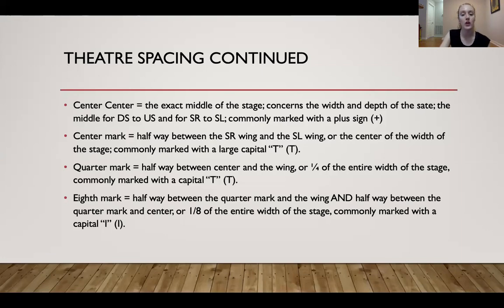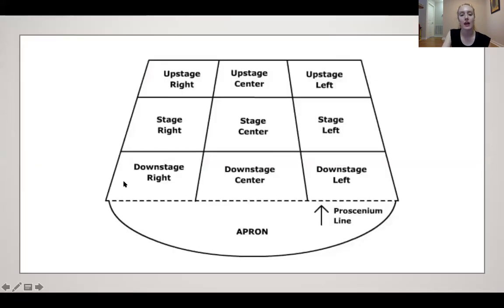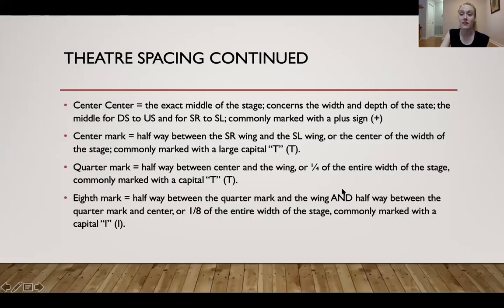And then we have quarter mark, which is halfway between the center mark and the wing, or the center mark and the farthest stage right or stage left. So if here's center, quarter mark would be about here and here. And then we have eighth mark, which is between quarter mark and center, and between quarter mark and the wing, or far stage left, far stage right.